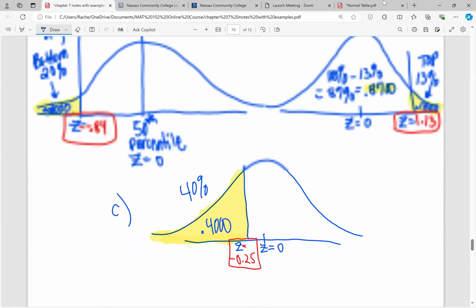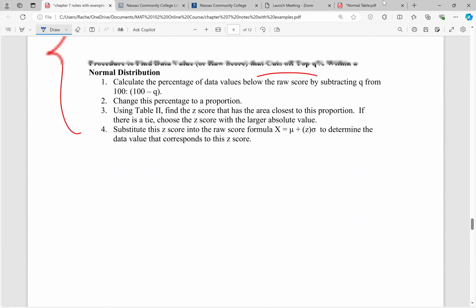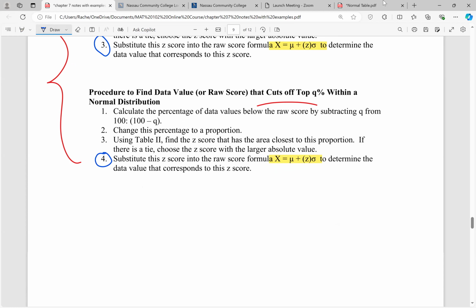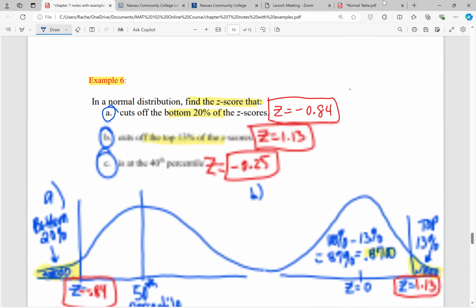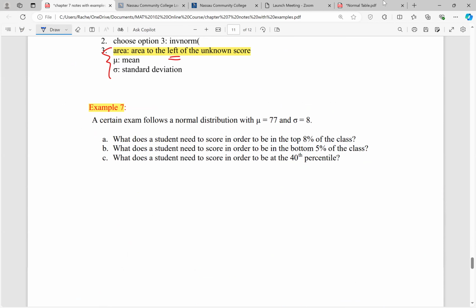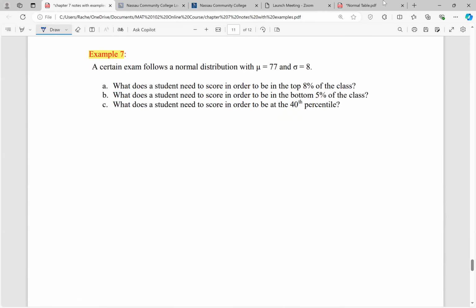And I actually have it up here in your procedure to find a data value or a raw score using the normal table. And I have your raw score formula right here. And we're going to do this step in this lecture. I'm going to show you guys how to use a z-score now to find a raw score. And we were doing this in chapter 3 to a certain degree.